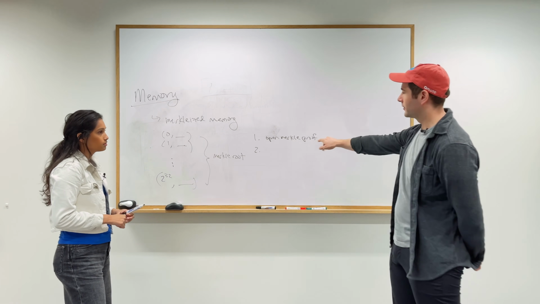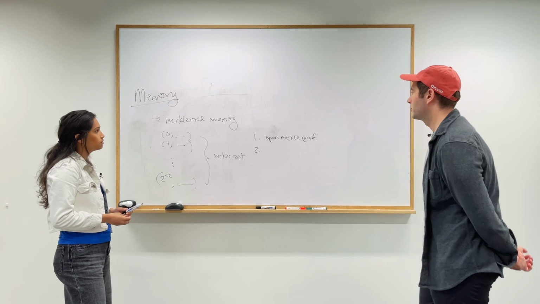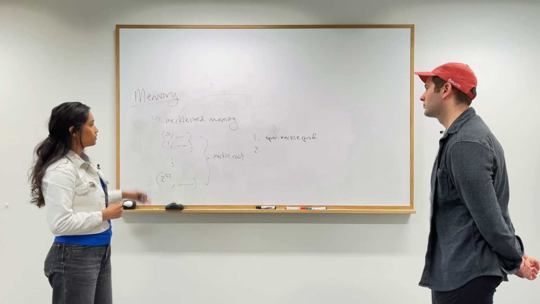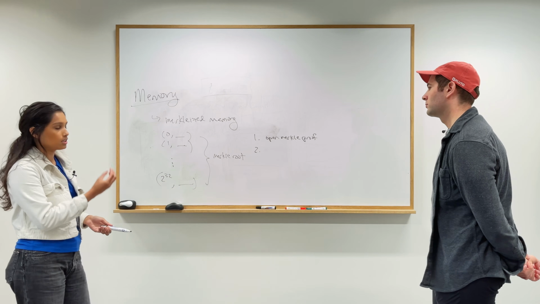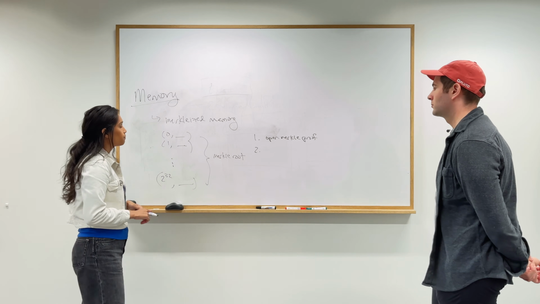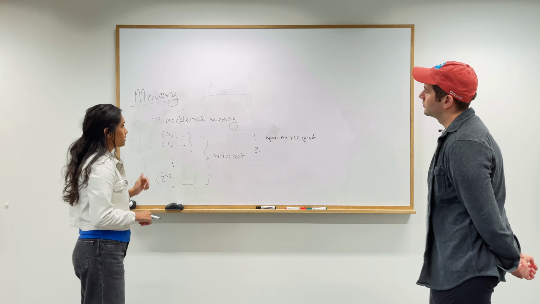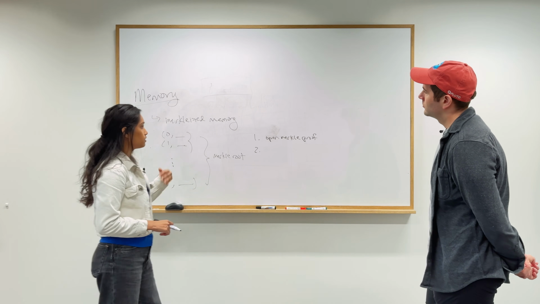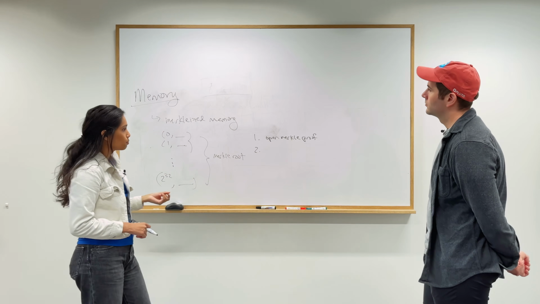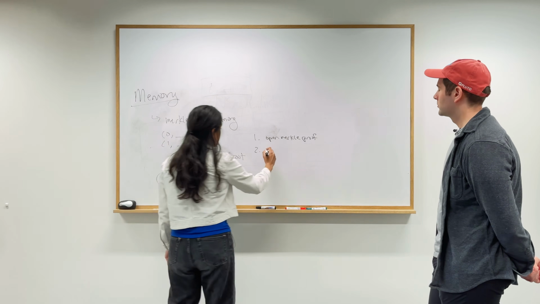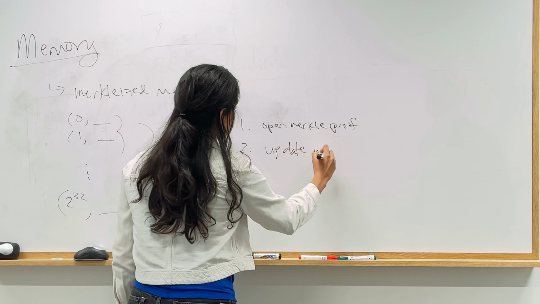Yeah. And I guess you're about to share how to pull data out of it. Yeah, exactly. So you basically commit to your memory. You say, hey, here's a Merkle root that's a succinct commitment to all my memory. And then when I want to access a particular value of memory or a particular address, I open the Merkle proof. So I verify a Merkle proof against this Merkle root. Then I do whatever logic, and then I'll update the Merkle root.